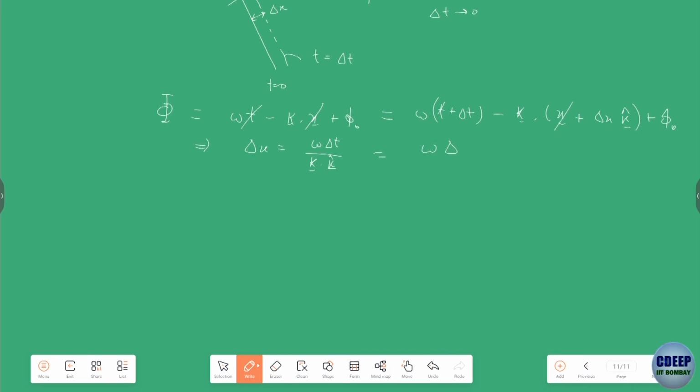So this is omega delta t by kappa, which is C naught delta t, because of that relation between kappa and omega that we have established earlier. So your Cp is the limit as delta t tends to 0 of delta x by delta t, which is just C naught. So everything is very beautiful for a plane wave. Phase speed is equal to the speed of sound. It's not always true in all waves.